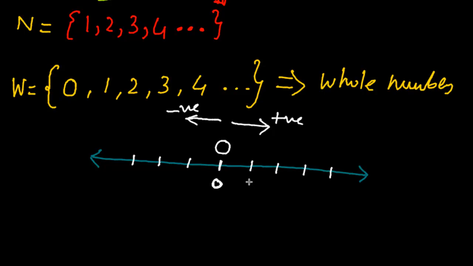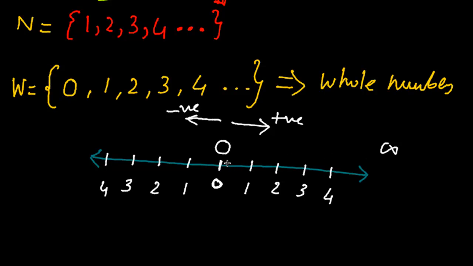Now let us understand. The very first number will be 1, 2, 3, 4. I'm just considering natural numbers and whole numbers over here. Now suppose I take the mirror image of these numbers on this side. What I will get is 1, 2, 3, and 4. This arrow shows that the line is extending on both sides till infinity, that it keeps on going on and on.